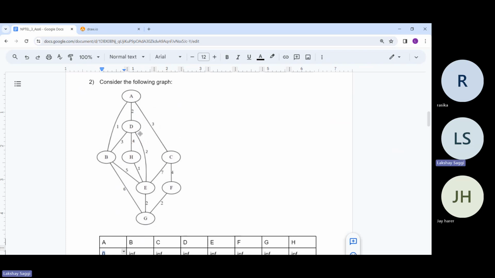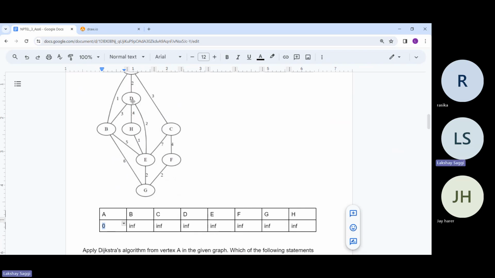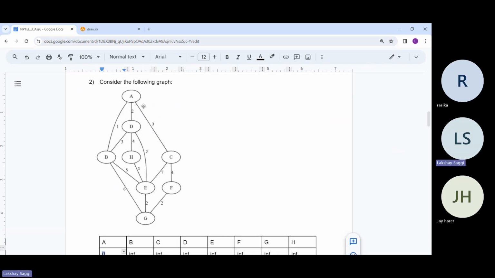And now what happens is we look at the vertex which is at the closest distance right now, which we call relaxing an edge, as was done in the lectures. So you can actually see that the closest vertex to A is this B vertex right now, and the edge connecting A to B has a weight of 1.